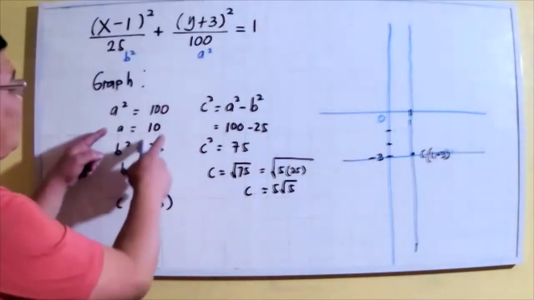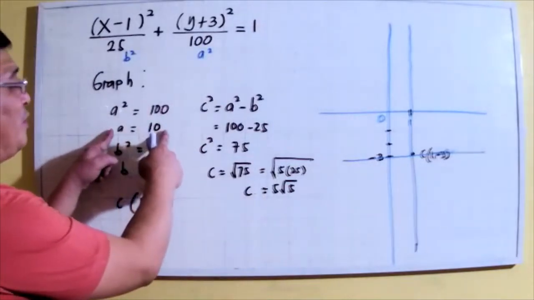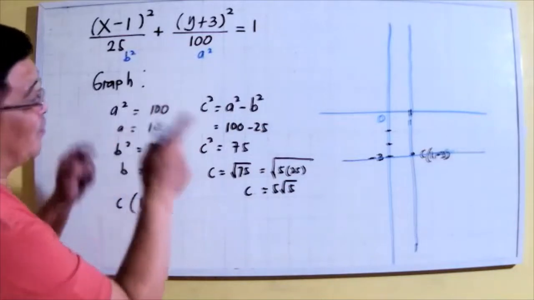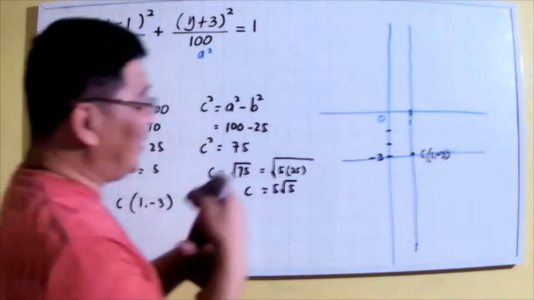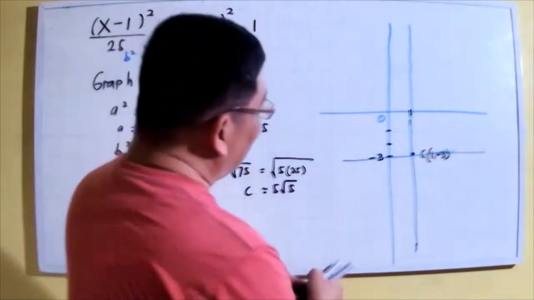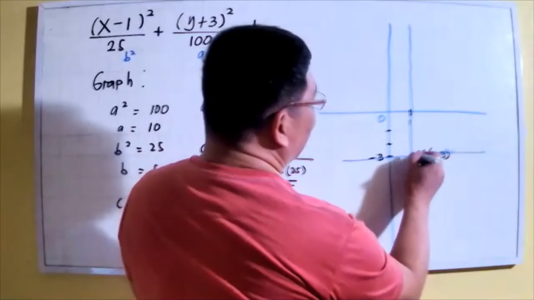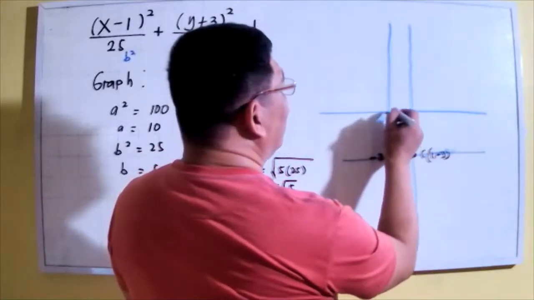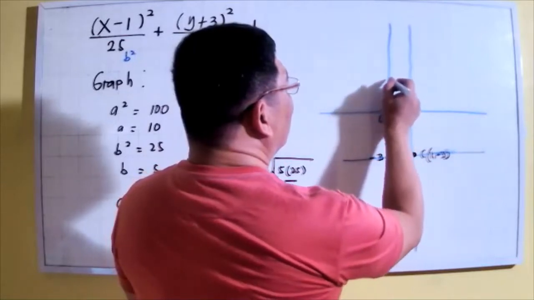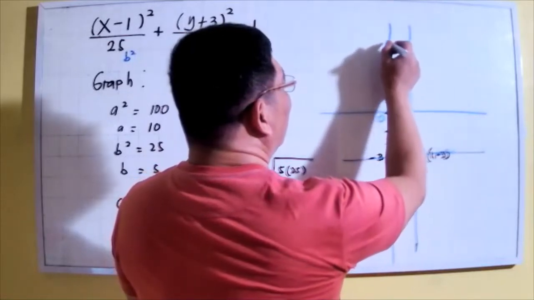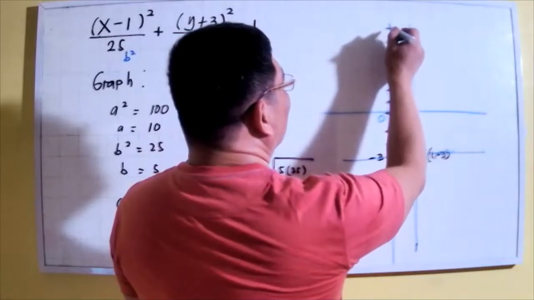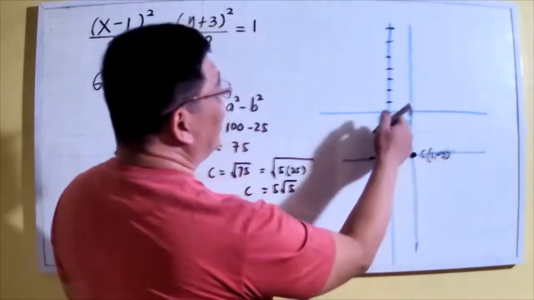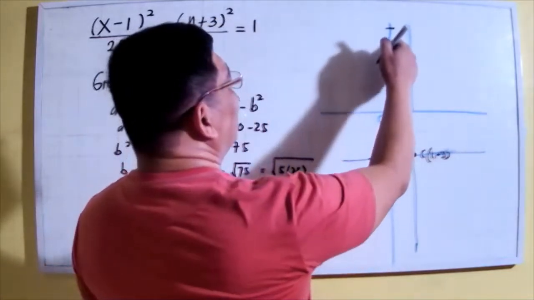Now, since a is equal to 10, ibig sabihin, yung vertices niya, the distance from the center is equal to 10. So let's count 10 from the center. Here's the center. We have 1, 2, 3, 4, 5, 6, 7, 8, 9, 10. Pero pagdating dito coming from the origin, 1, 2, 3, 4, 5, 6, 7.